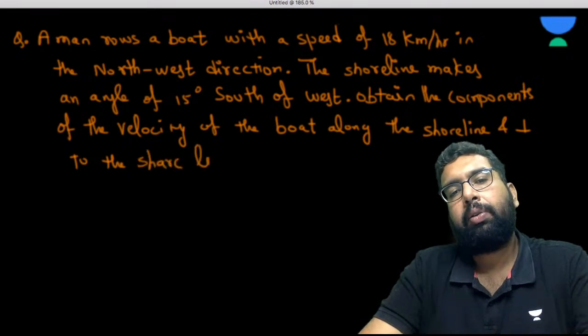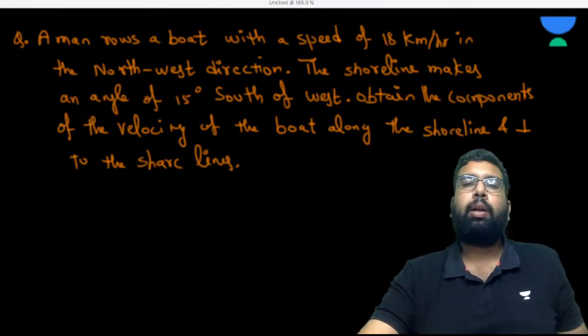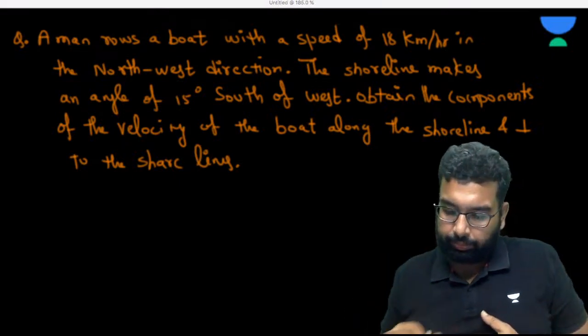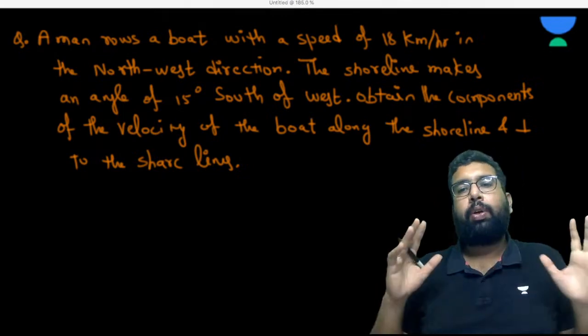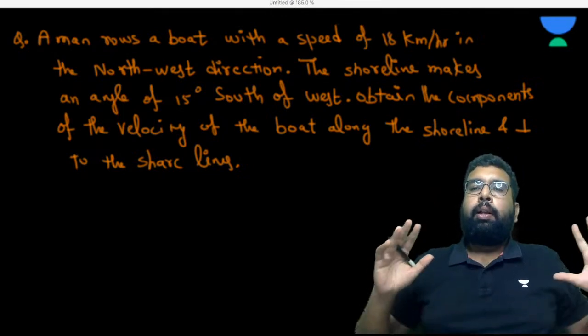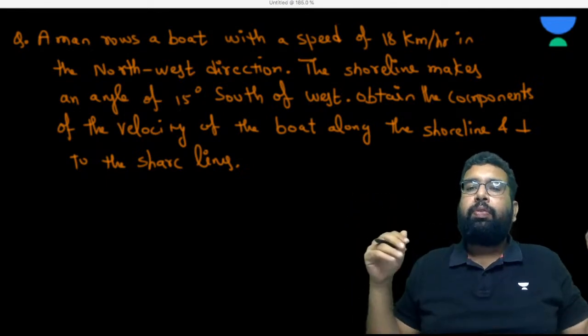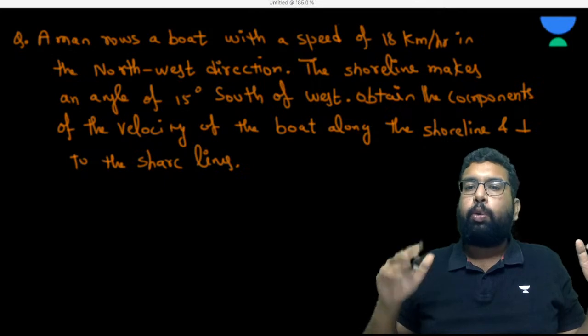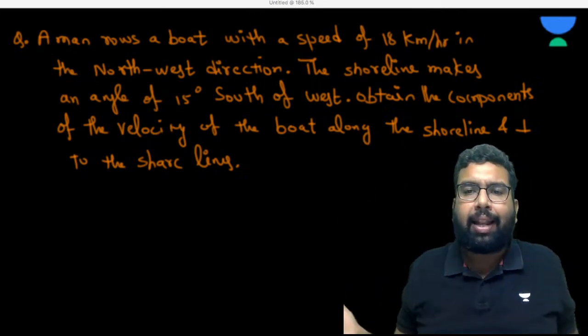See, in those graphs from kinematics, what is a shoreline? I'll tell you. Let's suppose that there is a sea, and in that sea someone is rowing a boat. Now there will be some shore far away. Shore is like the land.